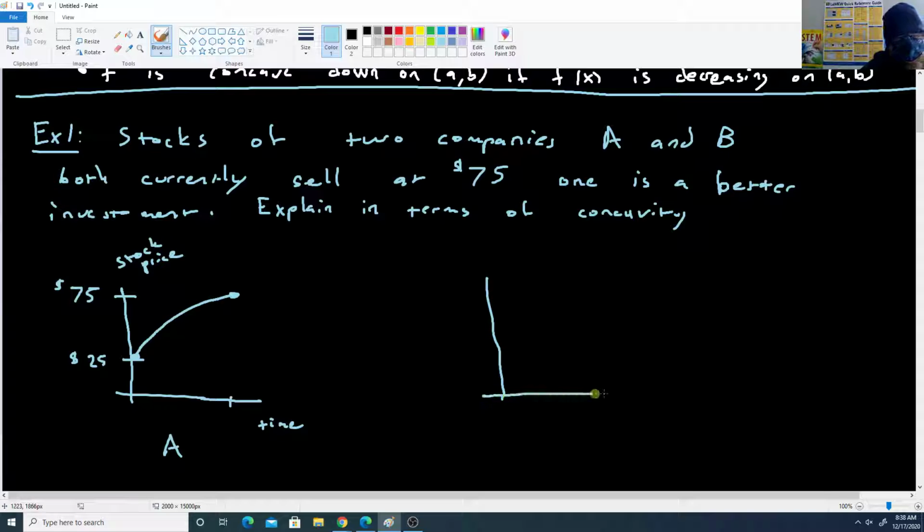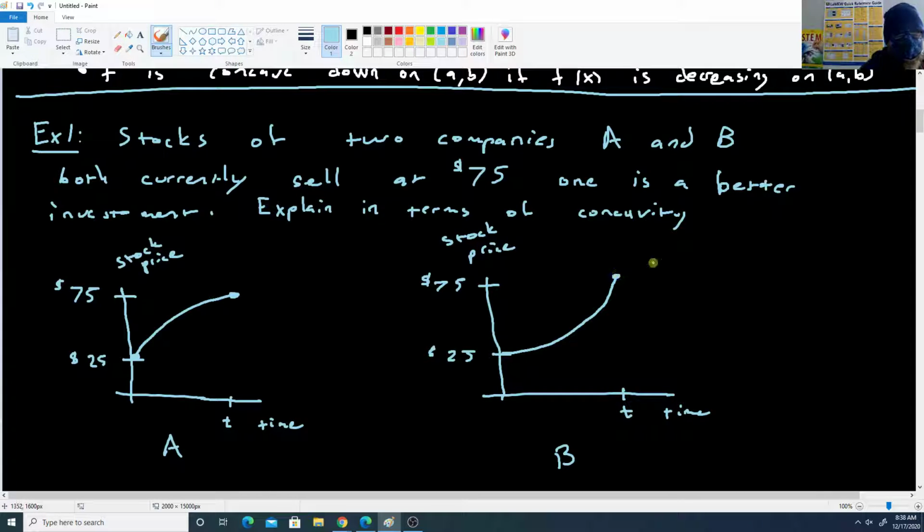So graph of B starts at the same point, 25. It's selling for 75 right now. We're at the same time. Let's say that time is, I guess we'll just call it T. So at time T, we'll get her up here, and this one's graph curves the other way. And this is graph B.